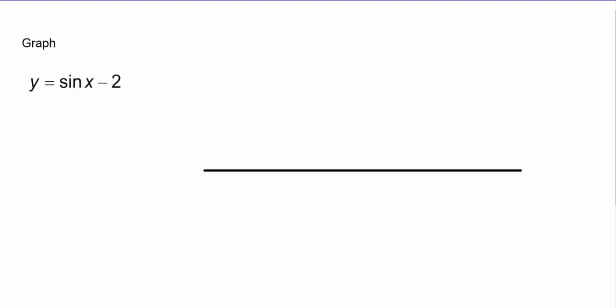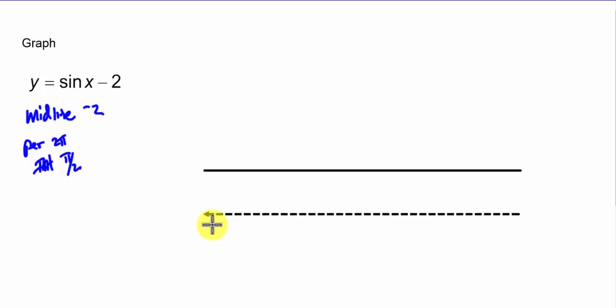So what we'll do here is say your midline is -2. Everything else is the same. Period is 2 pi, intervals pi over 2. So what I'll do is I'll take and draw a dotted line at -2.